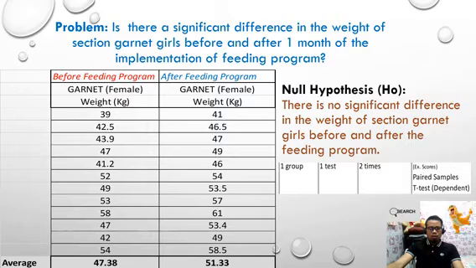Okay, so you observe that there is a difference, but we are not in the right position yet to say that the difference is significant. Not unless we compute it or we get the p-value and compare it with our alpha, which is 0.05.